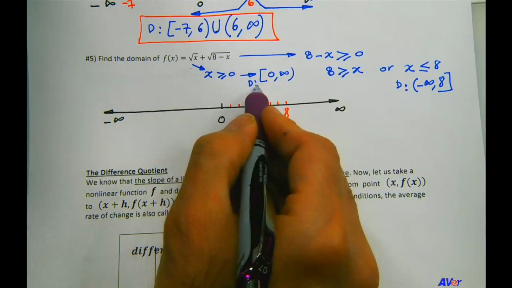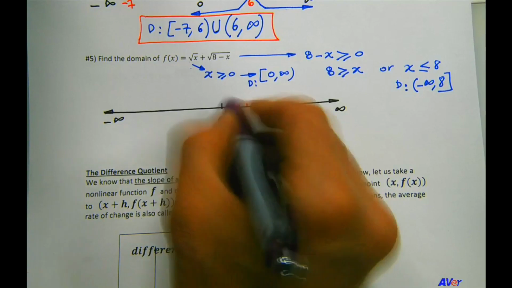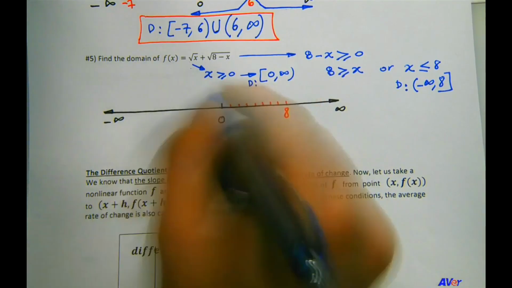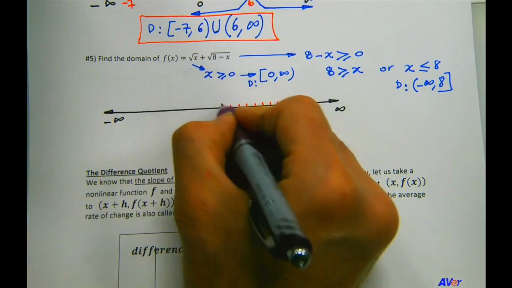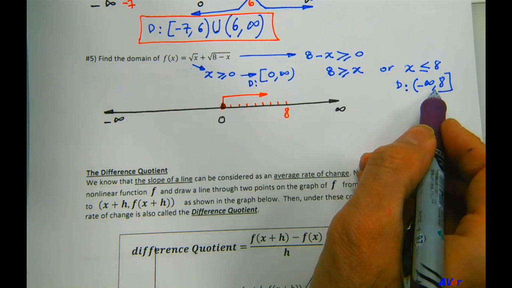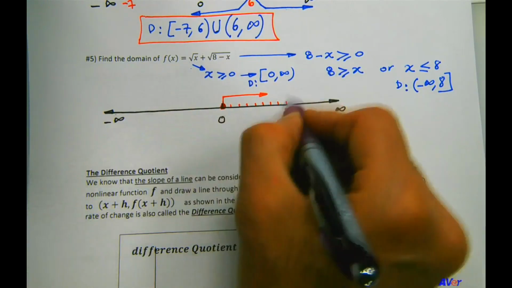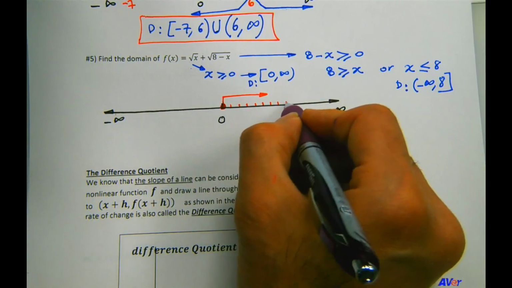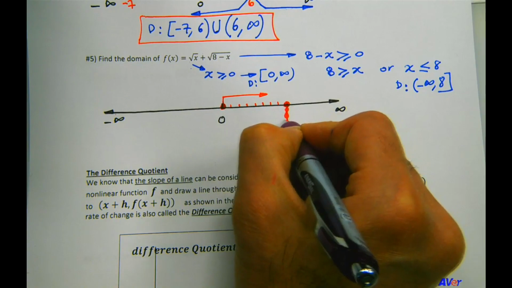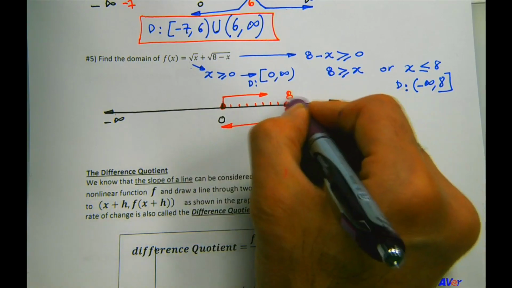So that domain says x can be anything from here this way. That one says from negative infinity to 8, which is from here all the way to here. So this one says no, this is the domain, that way. Okay, and this is 8.